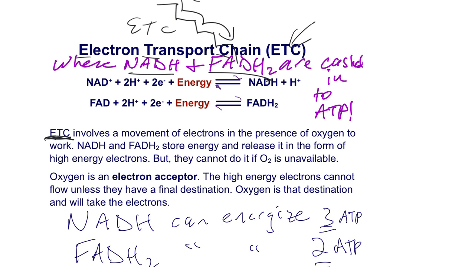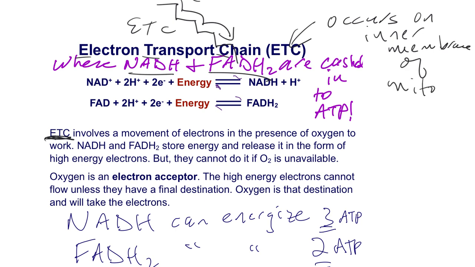This occurs on the inner membrane, the cristae of the mitochondria. Okay, so as those electrons fall down the ETC, they release energy, and that energy is used to charge ADP up into ATP.